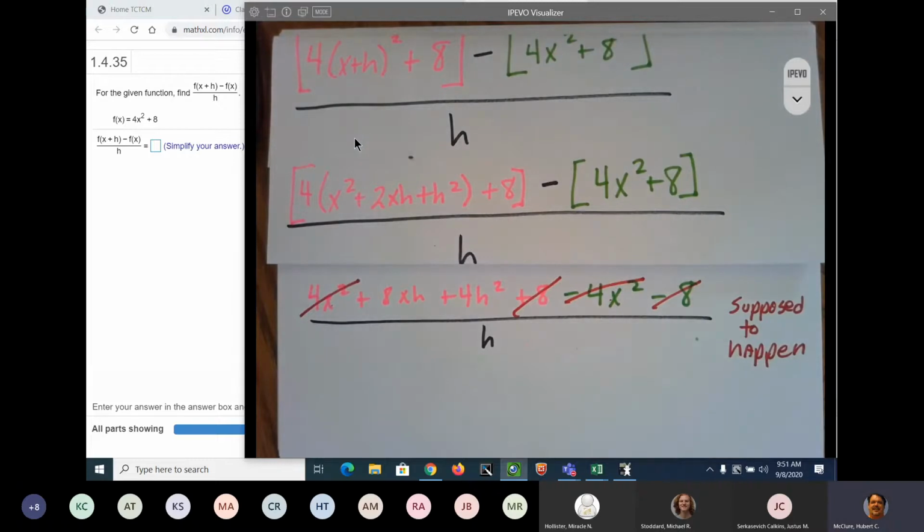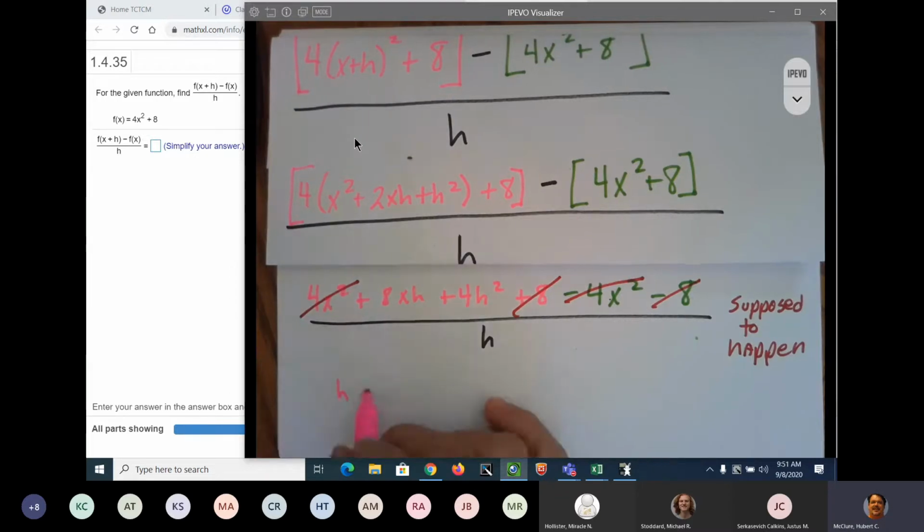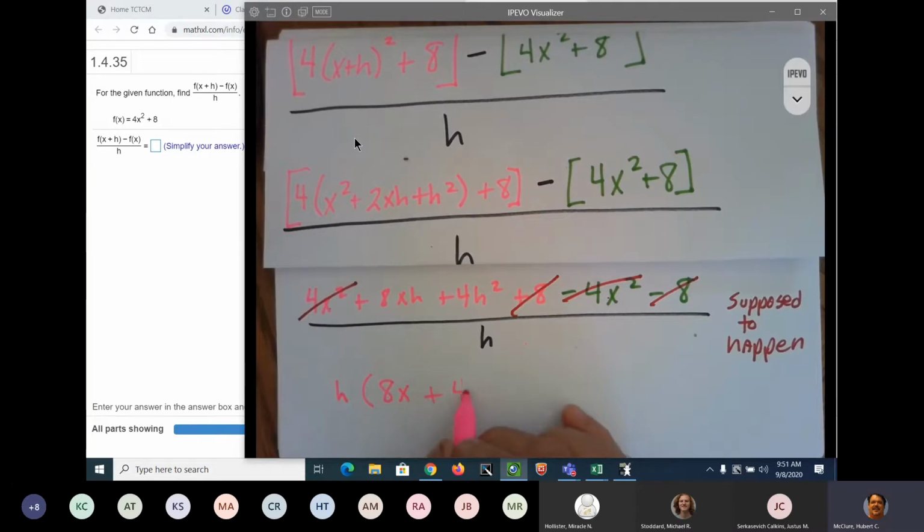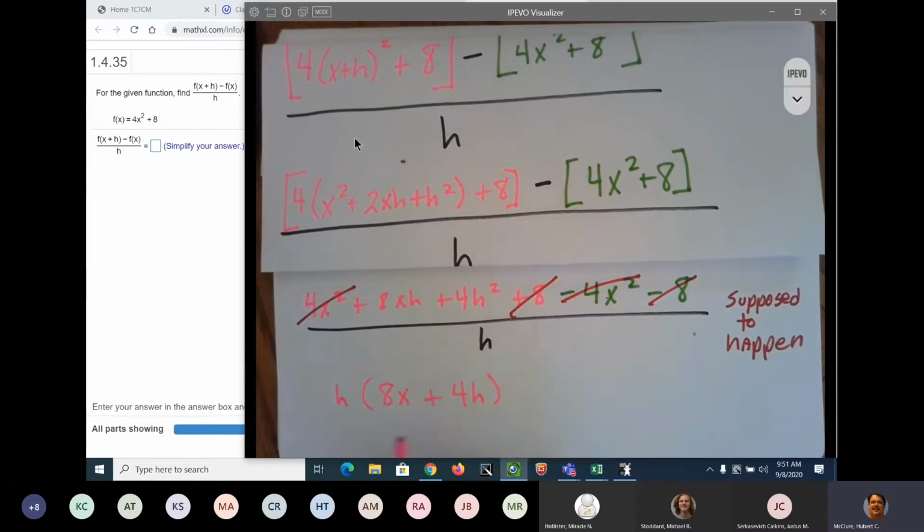Now you're left with just the h terms, and you should be able to factor an h out of the top. I'm going to do that in one step. So I'm going to put an h right here, and that's going to leave 8x plus 4h over h, and your h will cancel, and that does happen all the time.